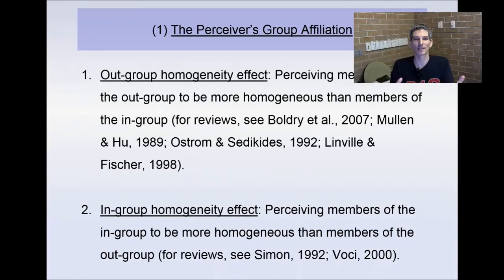Sometimes in the context that you're in, perhaps a team player situation, you want to show the other team that you are all very coordinated. In that context, you want your in-group to be very homogeneous. And other times, you're in a situation where homogeneity and conformity are frowned on. You want to show the other group that you are all free-ranging chickens who can do their own thing and be their own people.